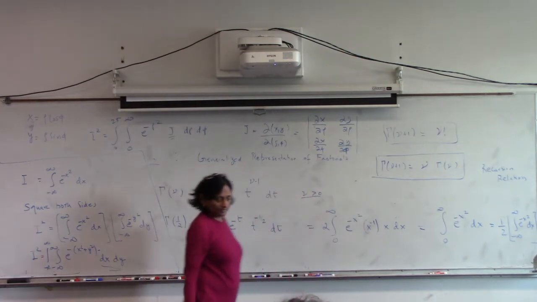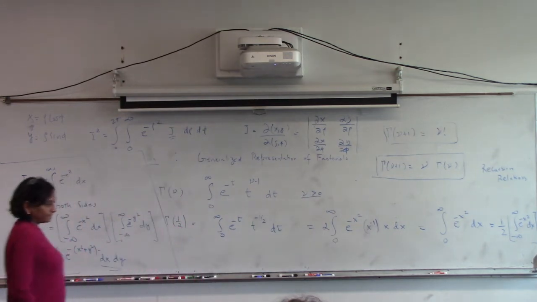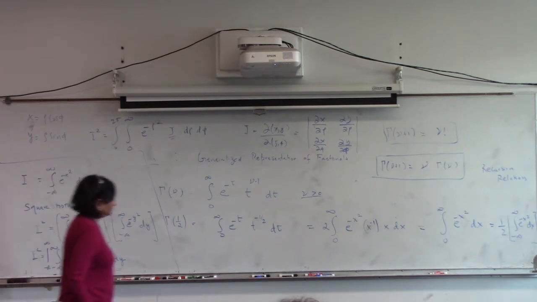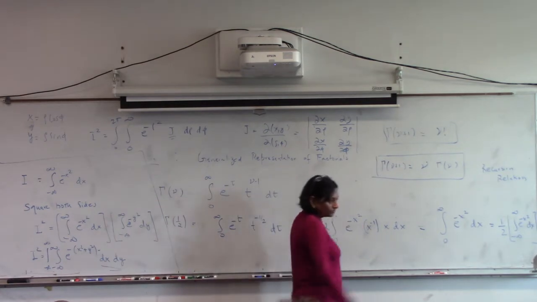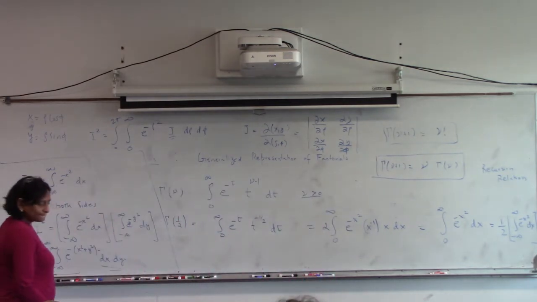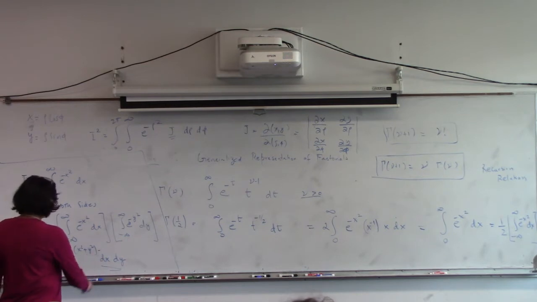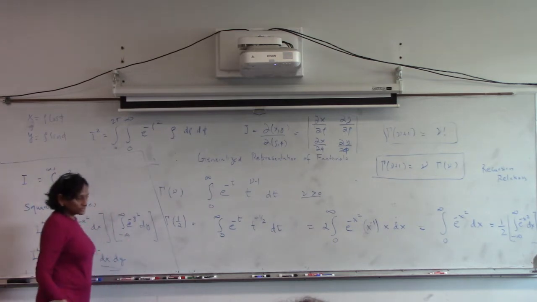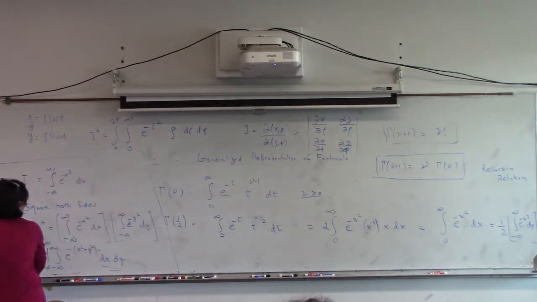Partial x with rho is cosine phi, the other one is sine phi. So that's rho, right? If you calculate the Jacobian, that's rho. Is this clear? All right. So my Jacobian is rho.